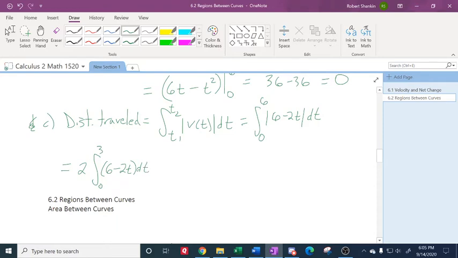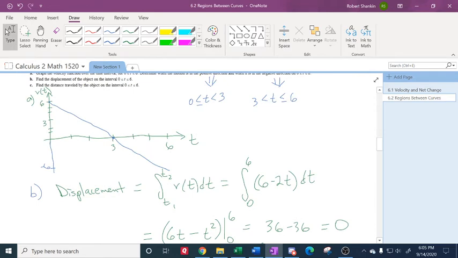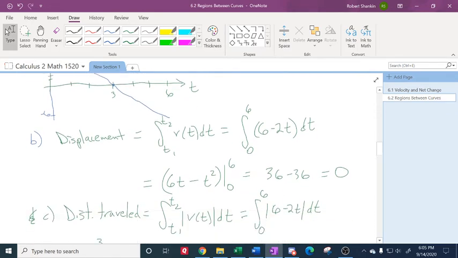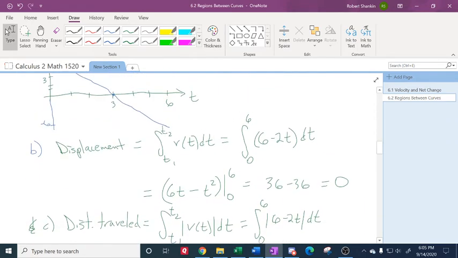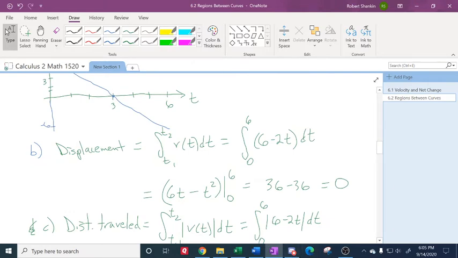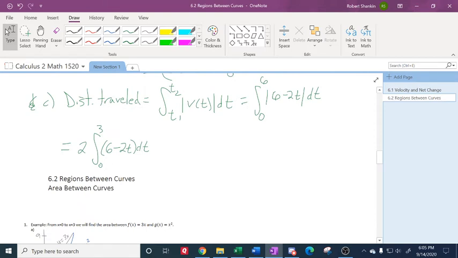If the two shapes weren't symmetric, you'd still split it up. You'd go 0 to 3 and then 3 to 6, but then you'd put an extra negative sign in front of the function that was from 3 to 6. So then this becomes 2 times the integral.